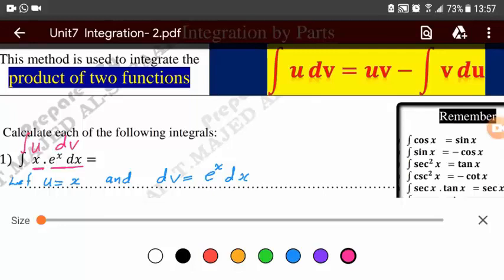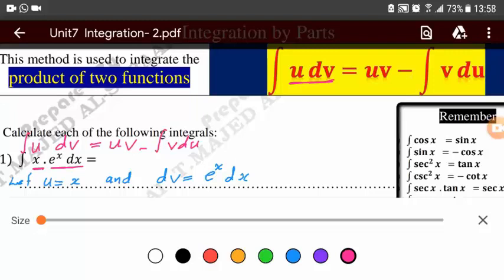Okay, how can I do it? By using this rule. It will be u multiplied by v minus the integration of v du, according to the rule.